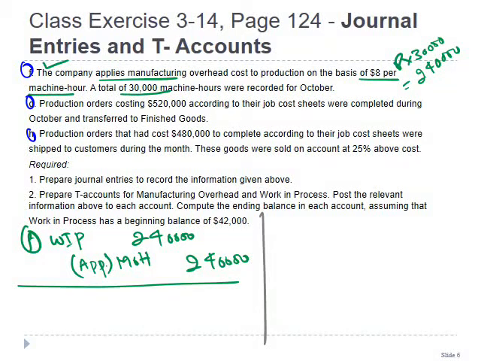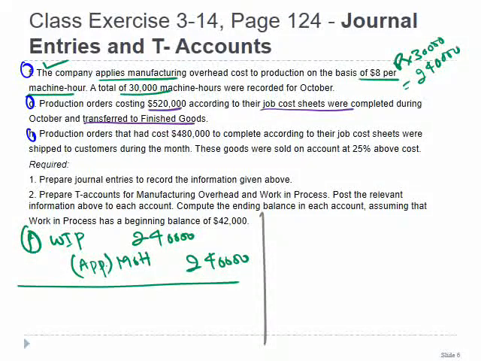The entry would be that the production orders costing 520,000, according to their job cost sheets, were completed during October and transferred to finished goods.